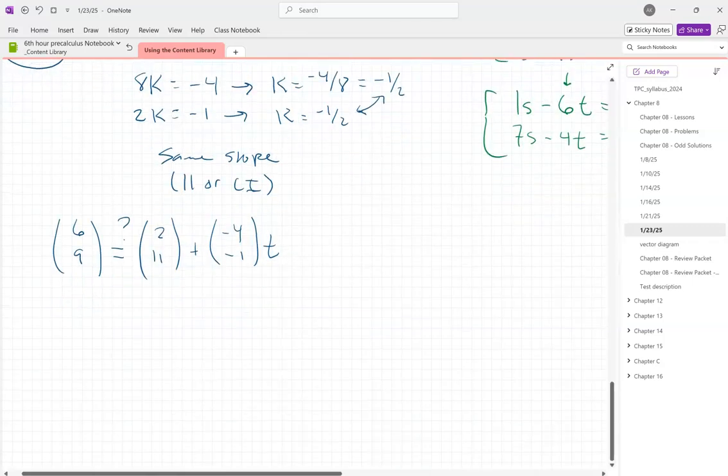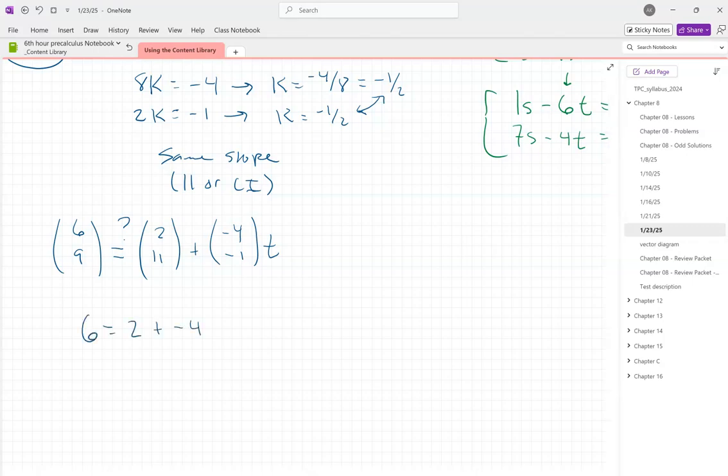All right. So what this says is I need to see if 6 equals 2 plus -4t. For these two things to be equal, the components of the vectors need to be equal. So 6 needs to equal 2 plus -4t, and 9 has to equal 11 plus -1t. All I'm going to do now is solve each of these equations for t and see if I get the same t or a different t.